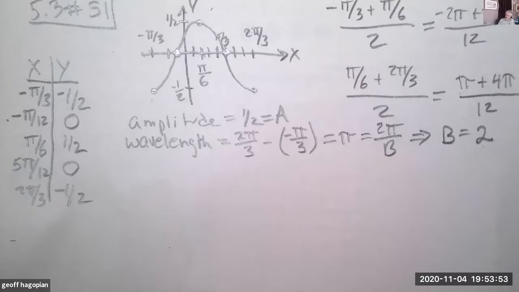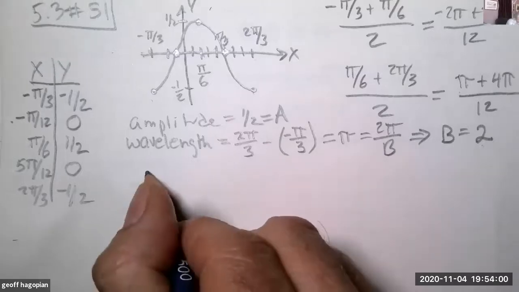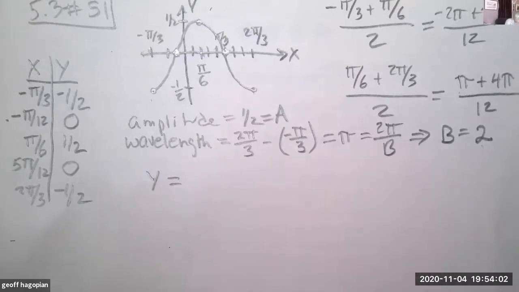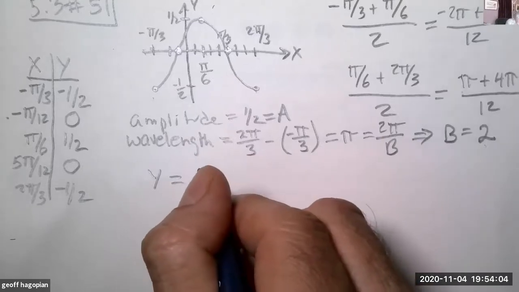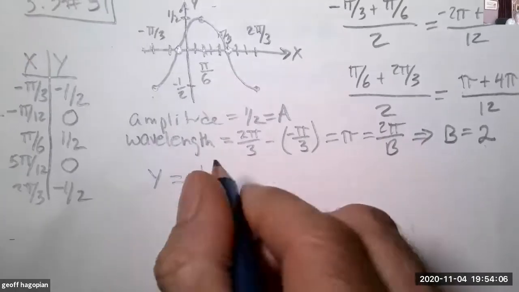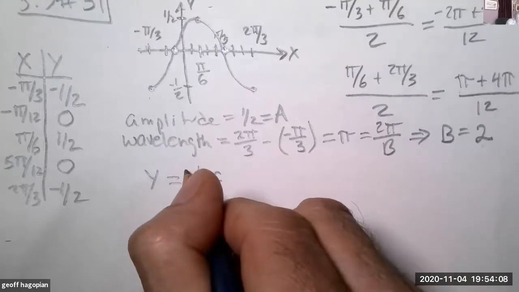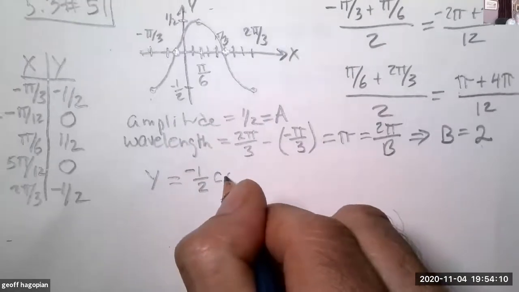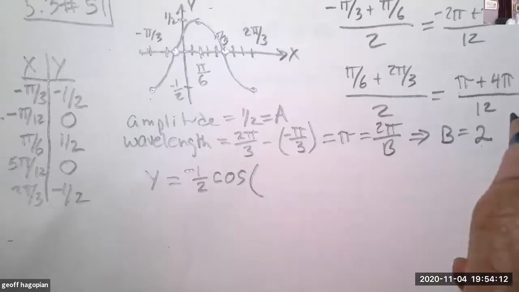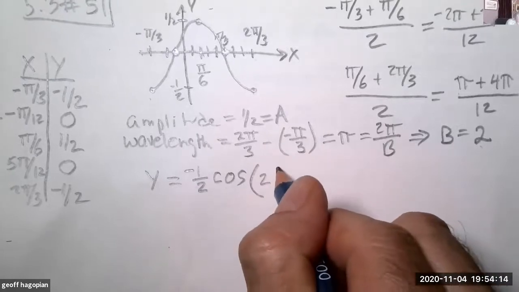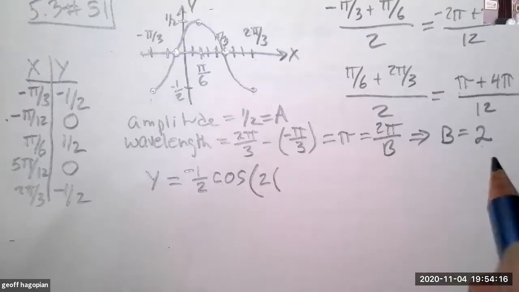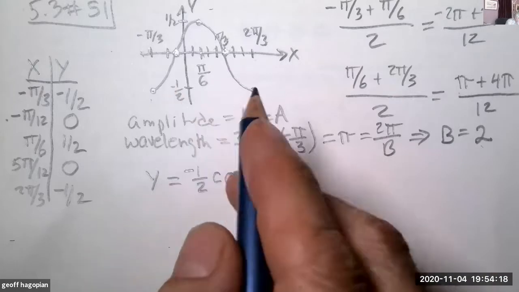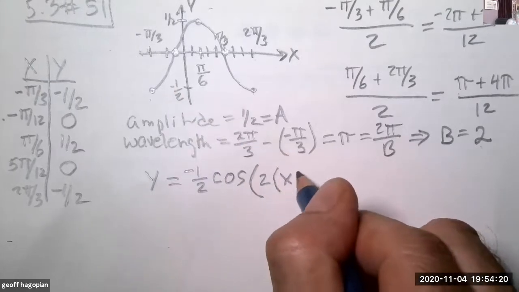And then your shift would be pi over 3 to the left. So you could write y equals the amplitude 1/2, d is 0, and then it's negative, right? Because we're starting at a trough. Cosine of b is 2, and the shift is pi over 3 to the left.